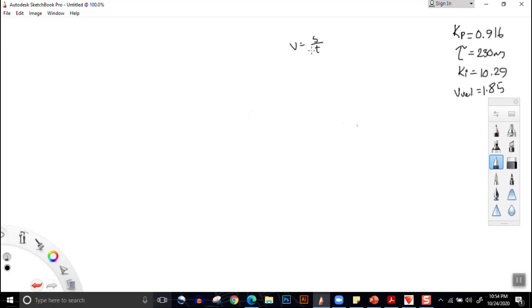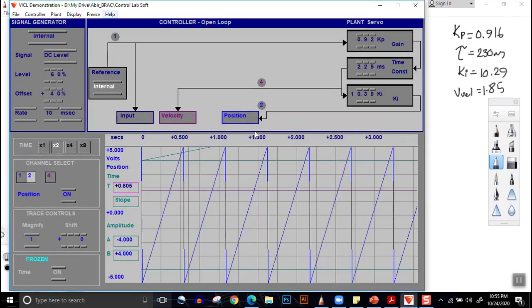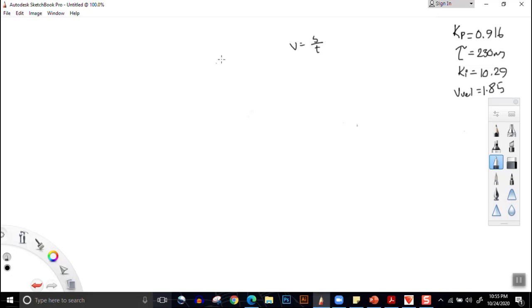Velocity is equal to distance by time, as simple as that. So let us check how much time it takes to complete one cycle, that is, how much time it takes to start from 0 degree, roam around and come back at 0 degree.